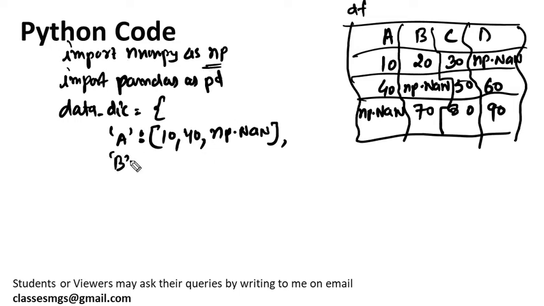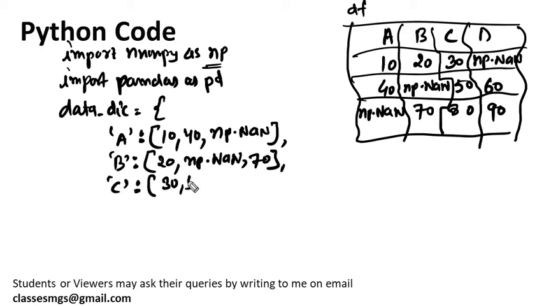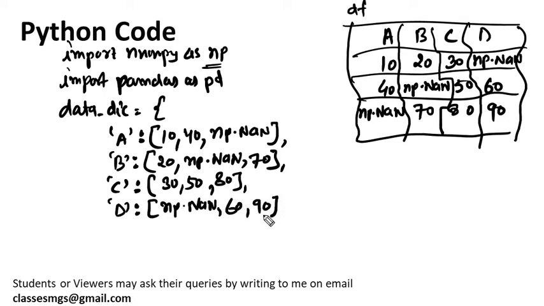And then the B column we will have some values, let's suppose 20, and then np.nan, and then 70, and then the C column, with 30, 50 and then 80, and then the D column. In D column we have np.nan, then 60, and then 90.